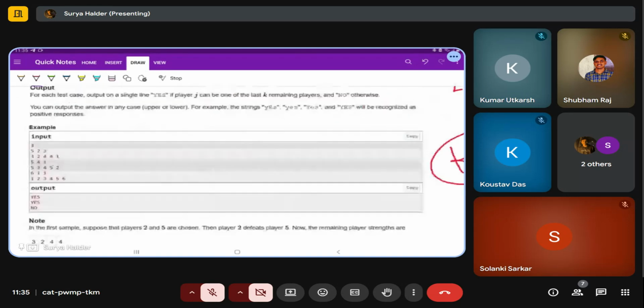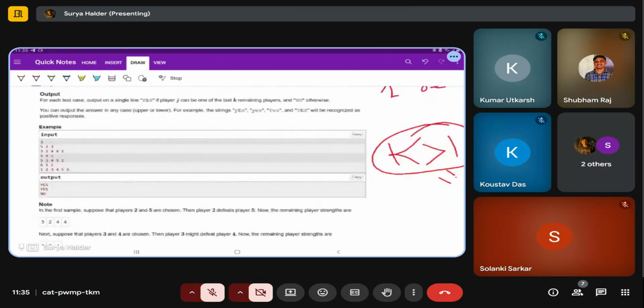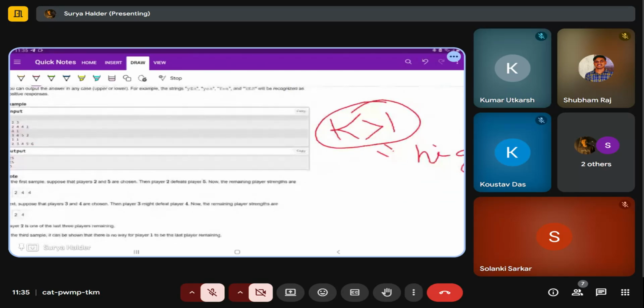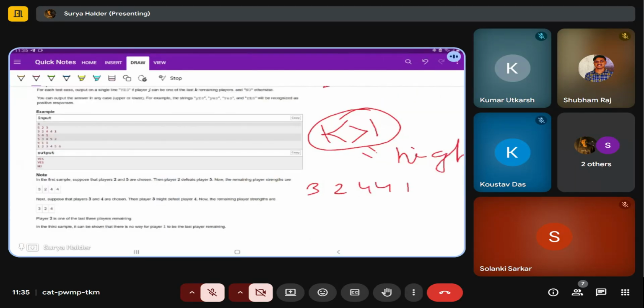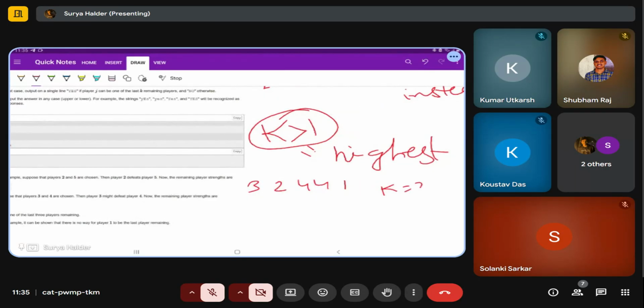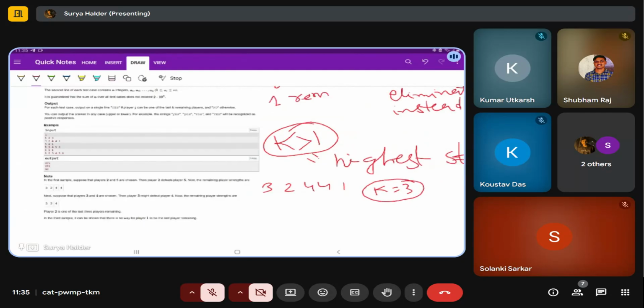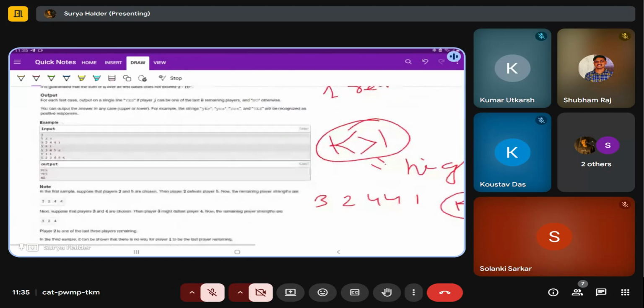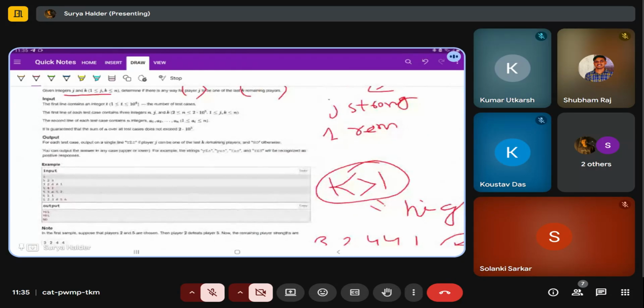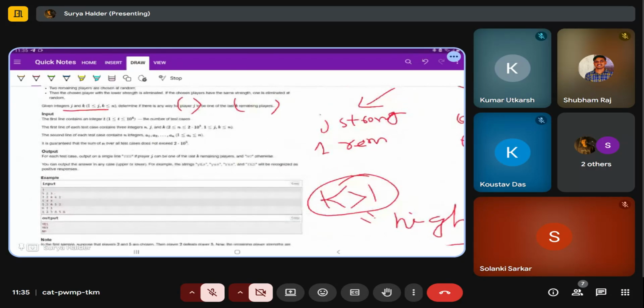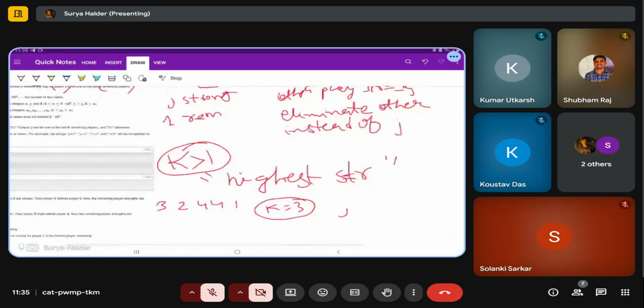For example, k equals 3, and the array is 3, 2, 4, 4, 1. So k is equal to 3. Till the end, my three players must remain, and my j is equal to 2. So the player with strength 2 must remain till the end. I can see that my highest strength player is 4.